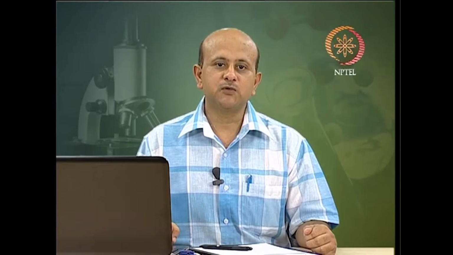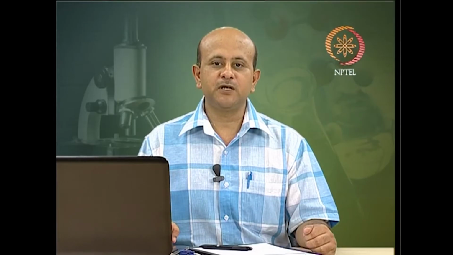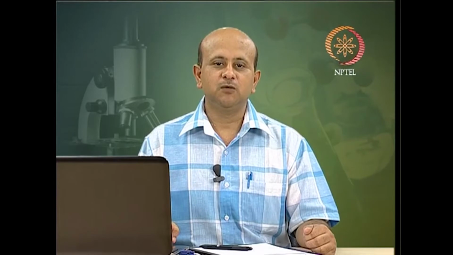Now, in contrast to RNA sequencing, DNA sequencing was in a far more primitive state because of the lack of available DNA endonucleases with any sequence specificity. The first complete genome sequence to be determined was of the gram negative bacterium Haemophilus influenzae, reported in around 1995 by Craig Venter.